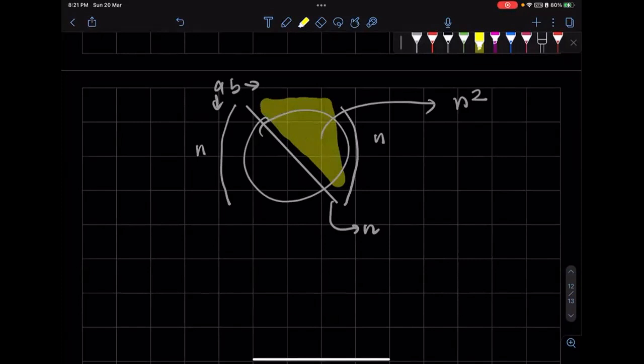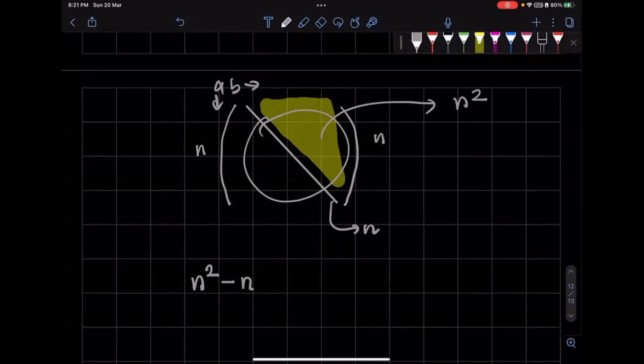Where A is greater than B or B greater than A? It doesn't matter. One is greater than the other, right? So we say, okay, the matrix has n squared elements, and we subtract from it the number on the diagonal.